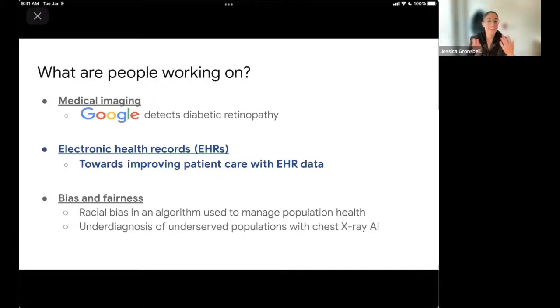But in other examples in healthcare, we have issues before we even get to building the algorithm, because sometimes it's even so challenging to get to that step. So we'll talk next about another form of health data, electronic health records, or EHRs, which are very, very popular nowadays.